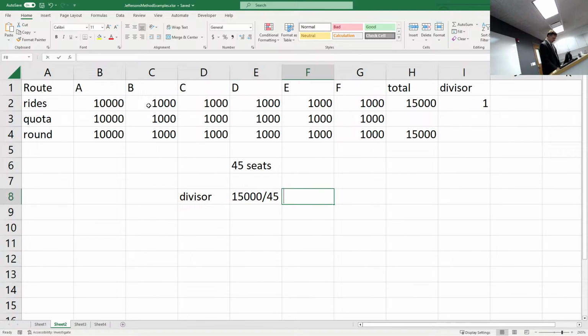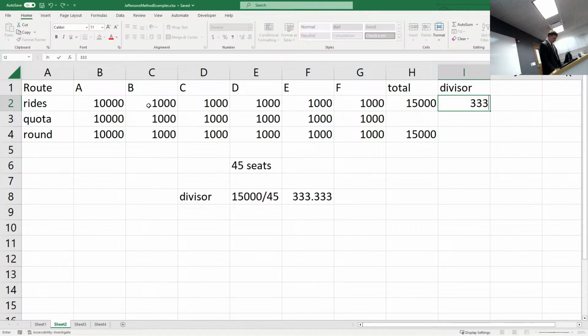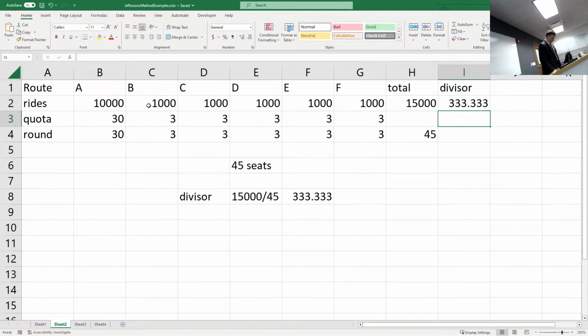When I do this, I get 333.333. Did I do that right? 333.333. I did not. What do I want to do here? I want 300. That's what I want.